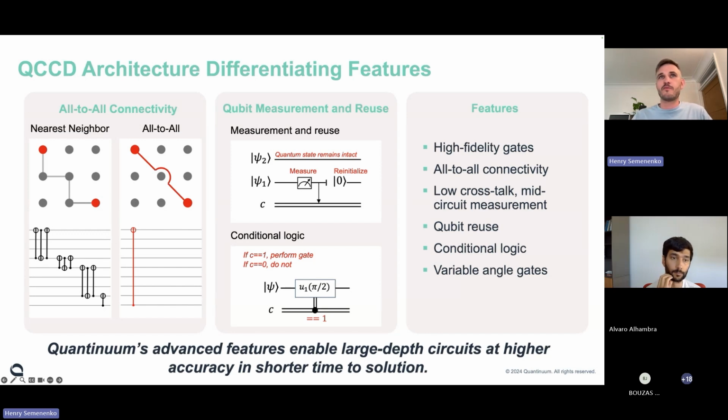Also, this qubit measurement and reuse, as I was mentioning previously, being able to do conditional logic and feed forward those classical outputs to impact the future circuit. And we're also enabling high fidelity gates through independent gating zones and fixed gating zones for frequent calibration.